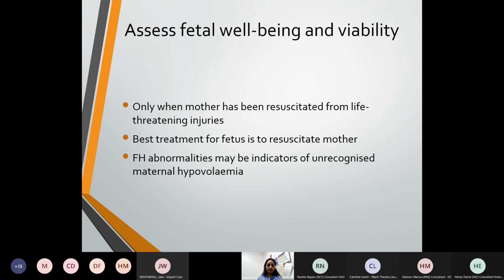You just have to deliver the baby and concentrate on your mother. As I said earlier, fetal heart rate abnormalities can often be very, very obvious quite early on. And that is what we as obstetricians look for to find out causes for hypovolemia, especially in this scenario, and to intervene if that is what is found.